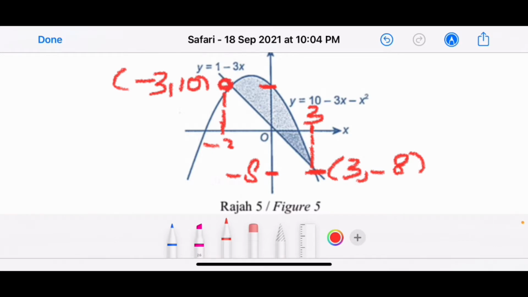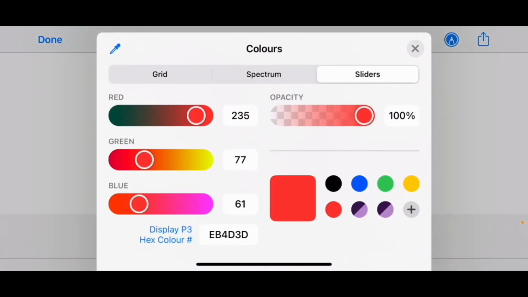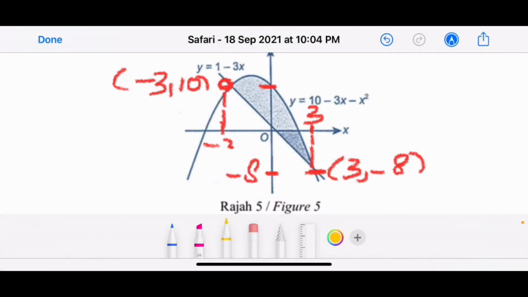Now in order to find the area of the shaded region, I would like to highlight that when you integrate from negative 3 to this point, please bear in mind that this point is not 0. It's where the straight line cuts the x-axis, so let y be 0.